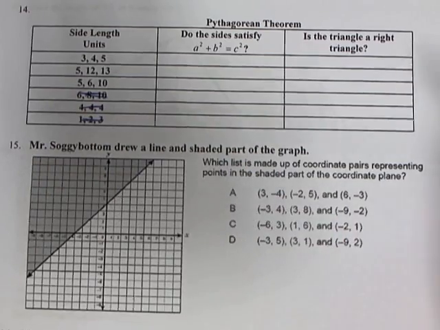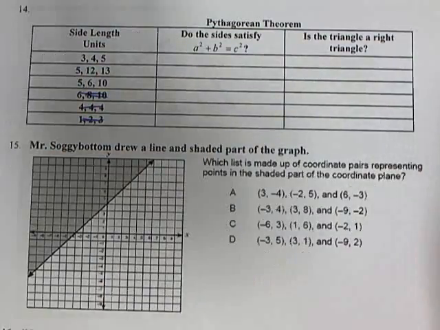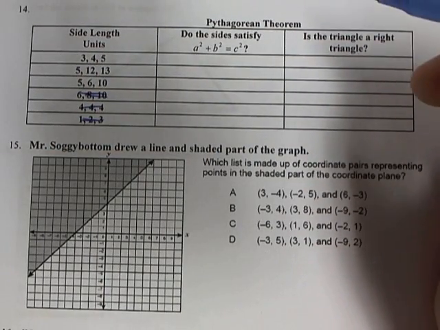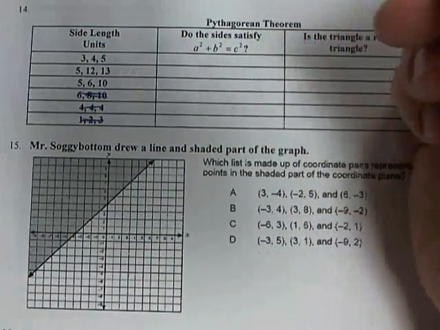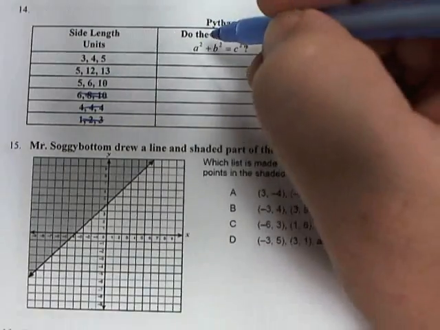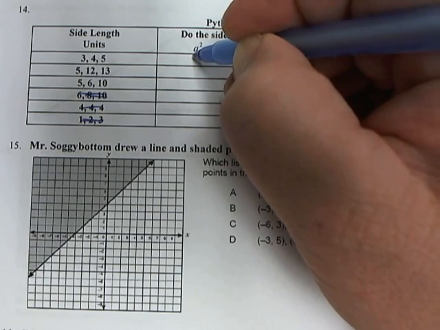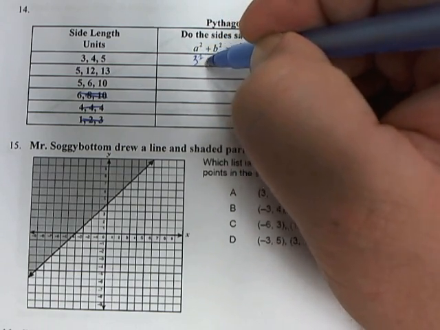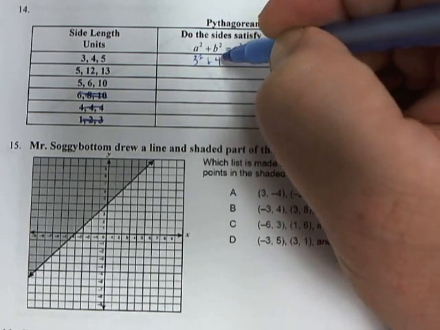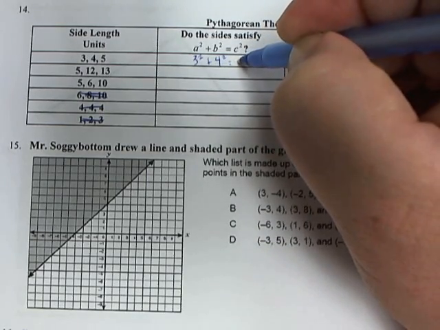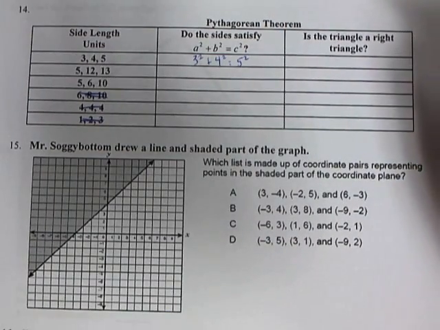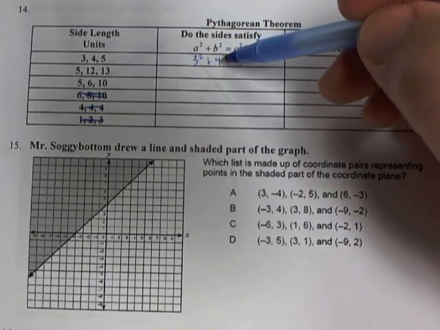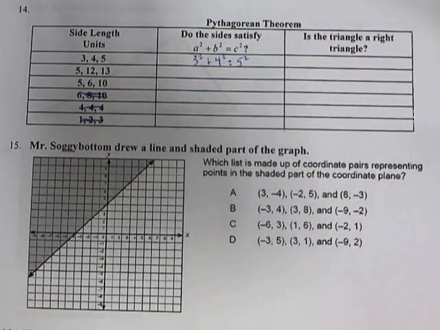We'll do the top three. So we have 3 squared plus 4 squared equals 5 squared. So let's see if that's true. If the left side of the equal sign equals the right side, then yes, it is a right triangle.